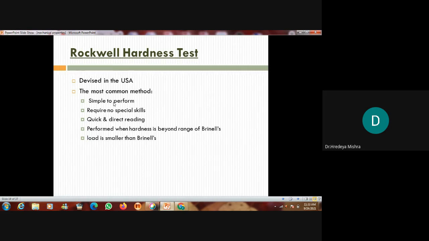There is a limit for the Brinell hardness test, and when it is no longer possible to perform it, we go for the Rockwell hardness test.